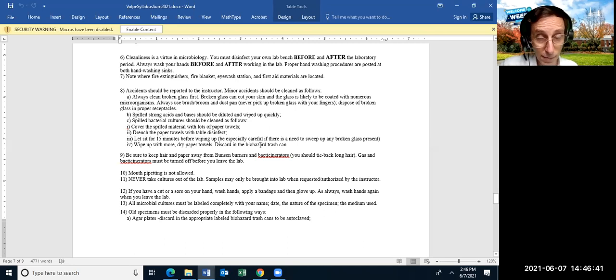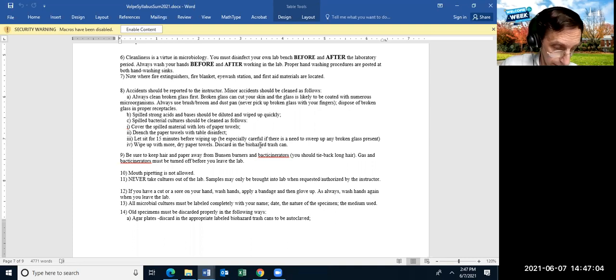The biohazard bag has contaminated waste that is not glass that will be autoclaved before it is disposed of. Broken glass we put in the broken glass container. We never put glass in the biohazard bag.